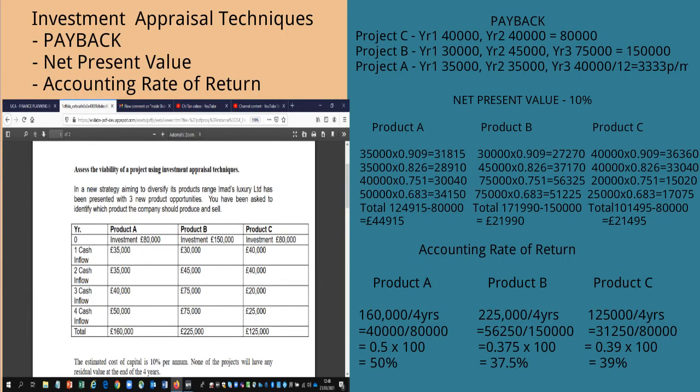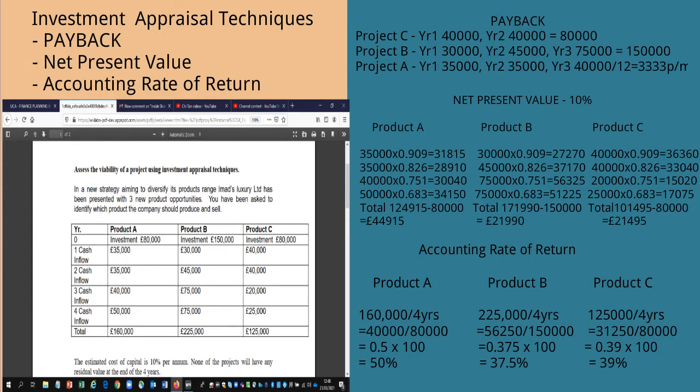And therefore for me, if I was looking at this, I would be selecting project A to go with, based on using the accounting rate of return and net present value, even though the payback wasn't as advantageous as project C.